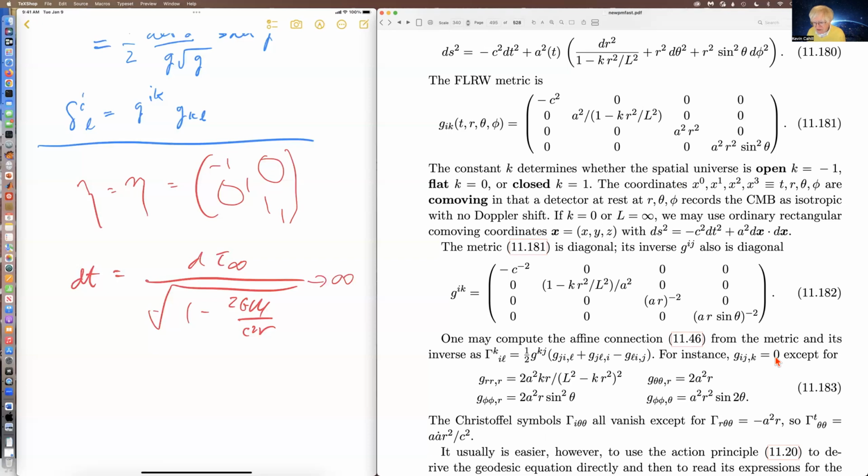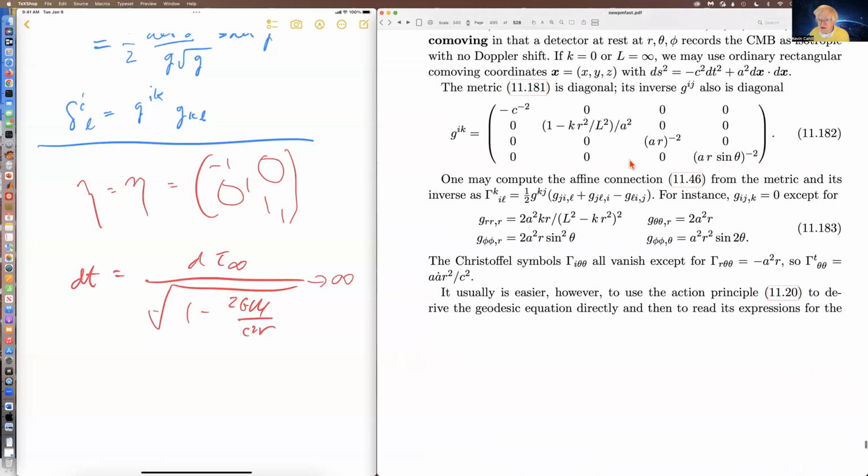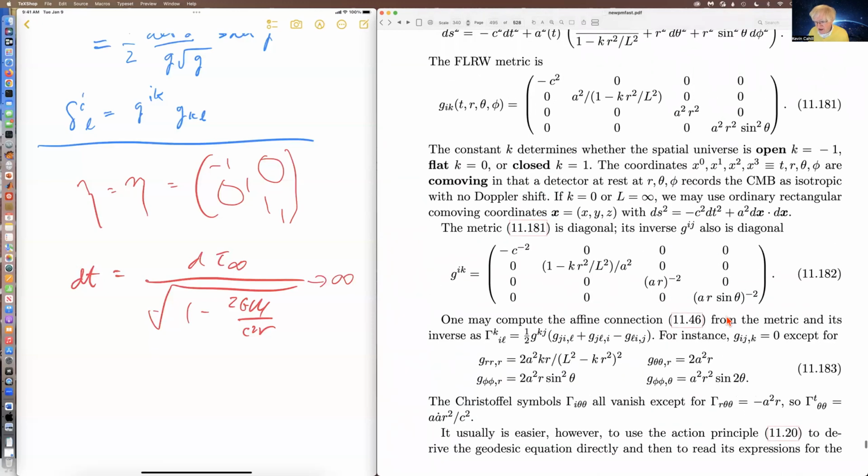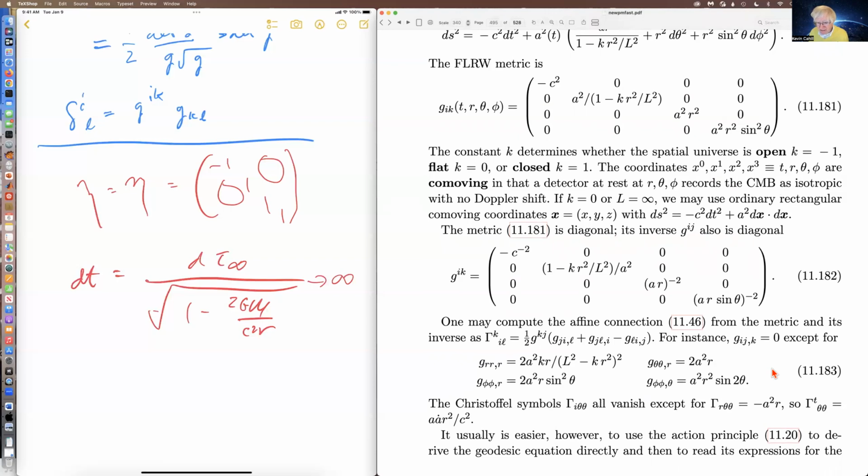Well, now that I think about it, that does not hold. I just did this this afternoon, and now what I realize is that I forgot to differentiate a with respect to time. And so there's g_00 comma 0.